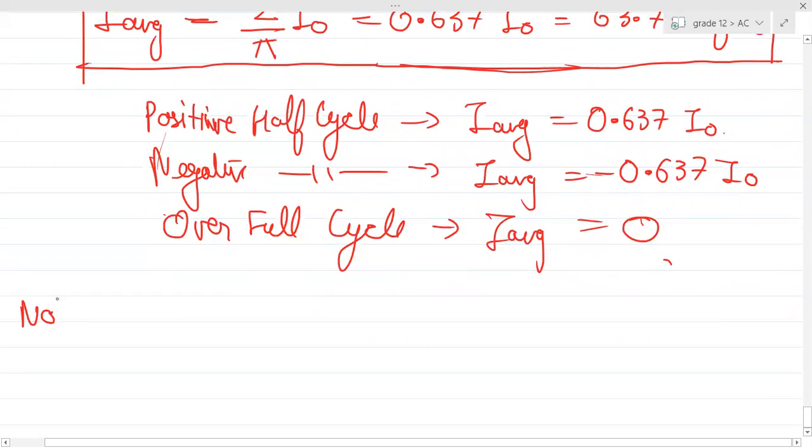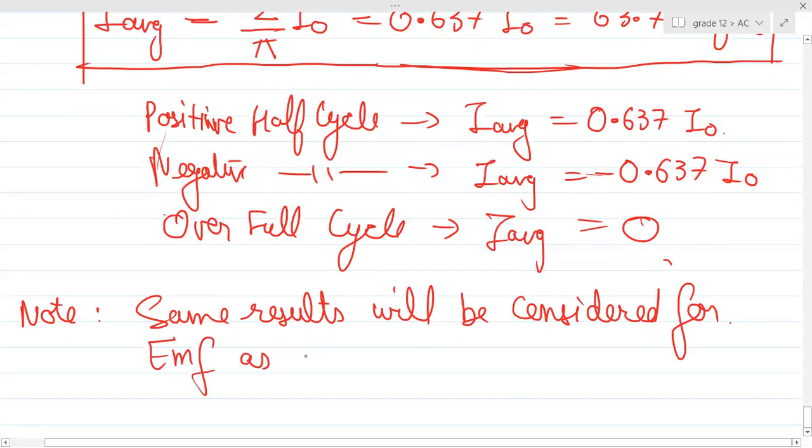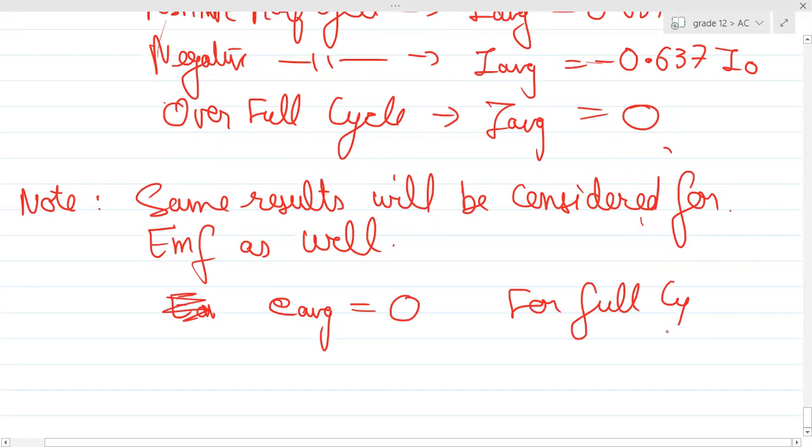Note: the same results will be considered for EMF as well. So if someone asks what is the average value of EMF over a full cycle, E average is equal to what? Over a full cycle, it will be 0.